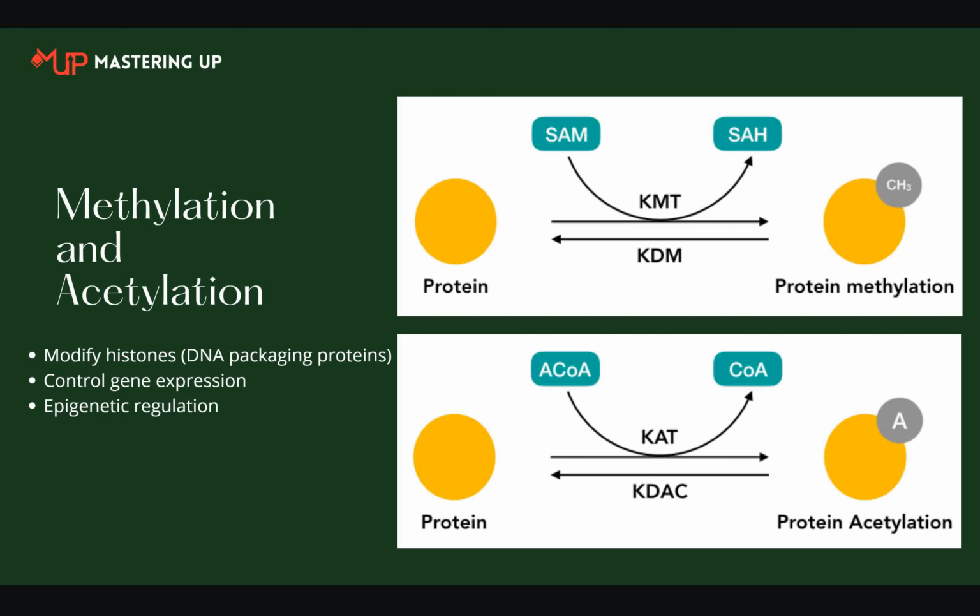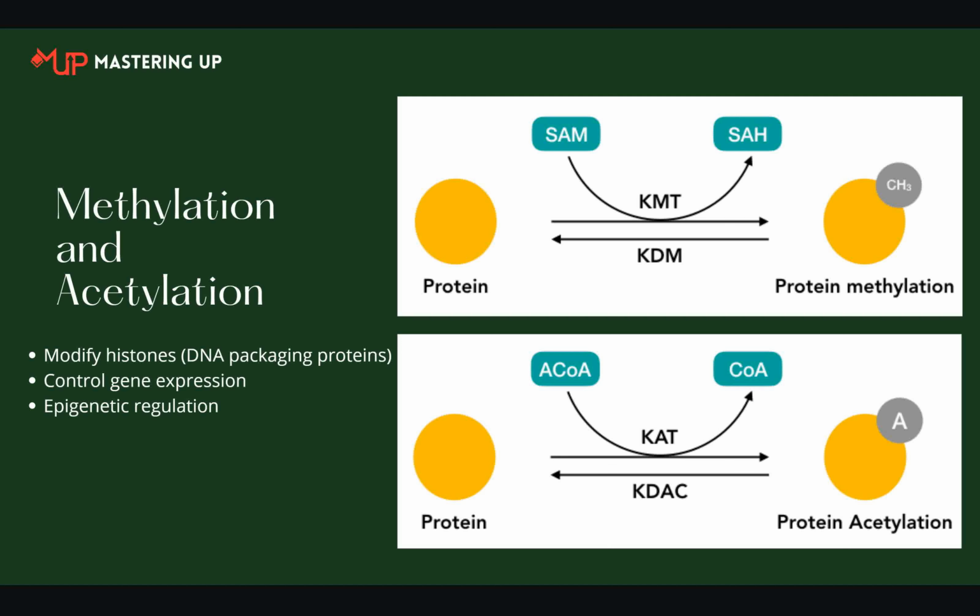So turning a gene on or off is carried out by processes like methylation and acetylation. We have seen that phosphorylation turns enzymes on or off, that is, the enzymes which play key roles in cellular functions.